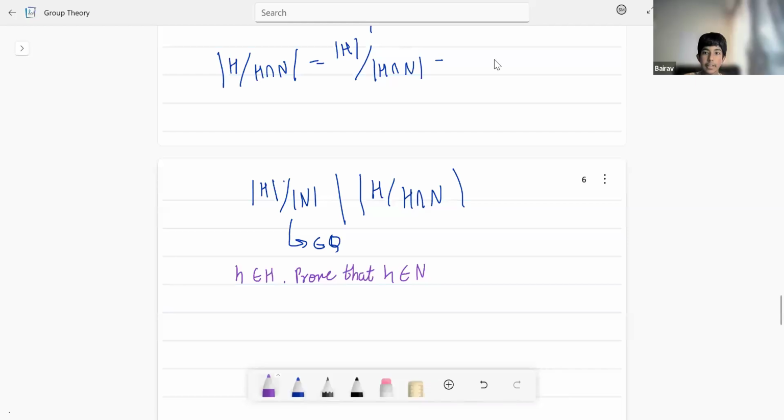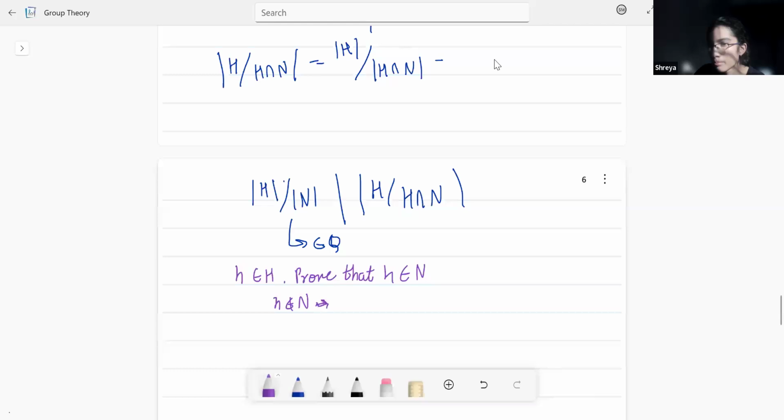But I guess we look at proof by contrapositive. Okay. So then we could suppose H is not a subset of N. So then we get the image of it under the projection map, which takes us to the cosets. Yes. And then the subgroup of that which is inside N would be the quotient of H over that.